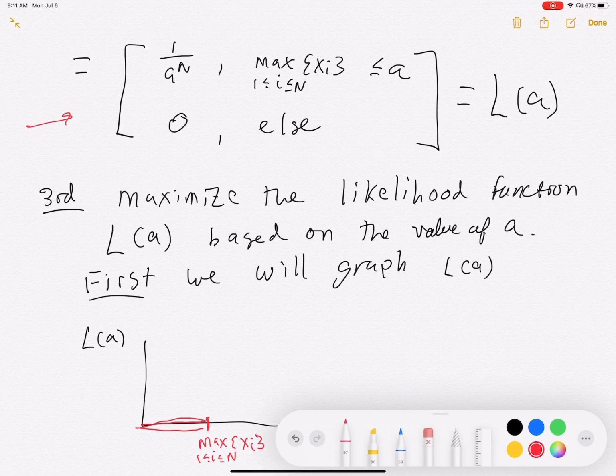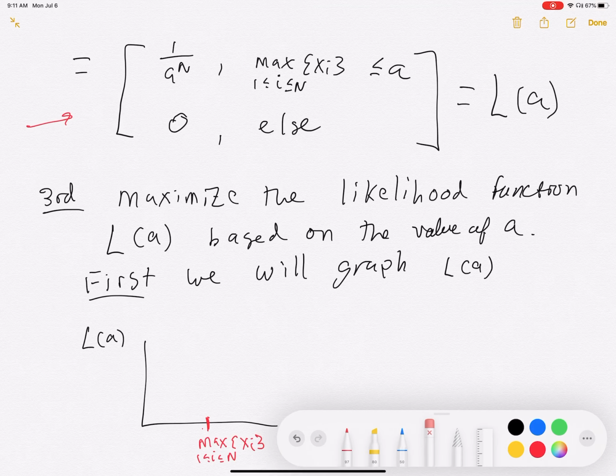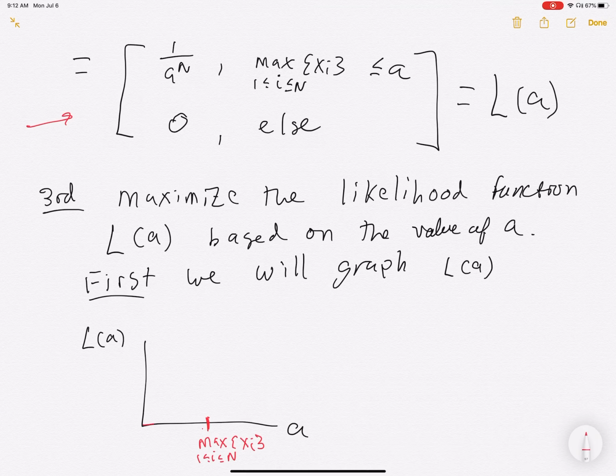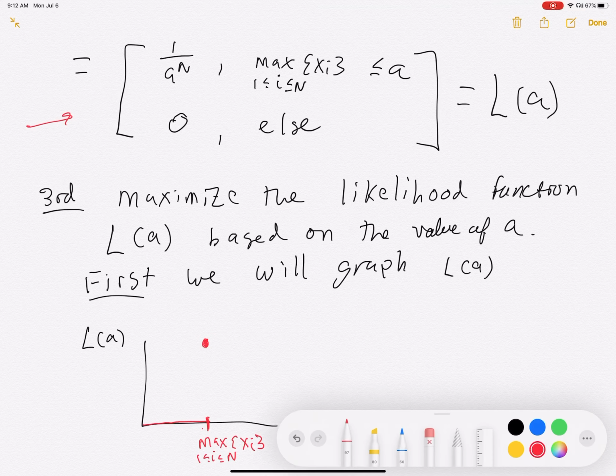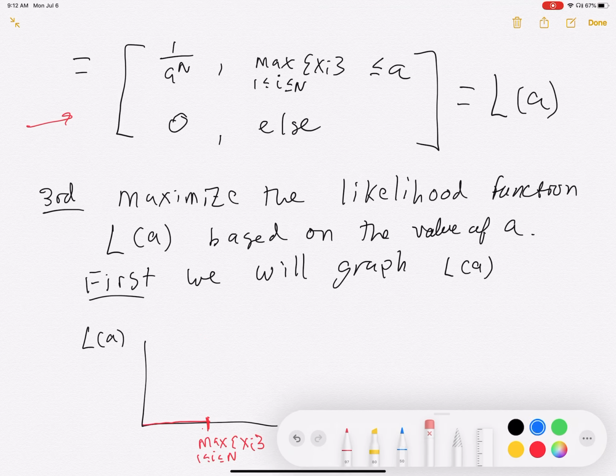That's a really bad drawing, but I think it gets the idea. So it's going to have this value right here. Then at the maximum it is going to have this value, and maybe I should draw it here.